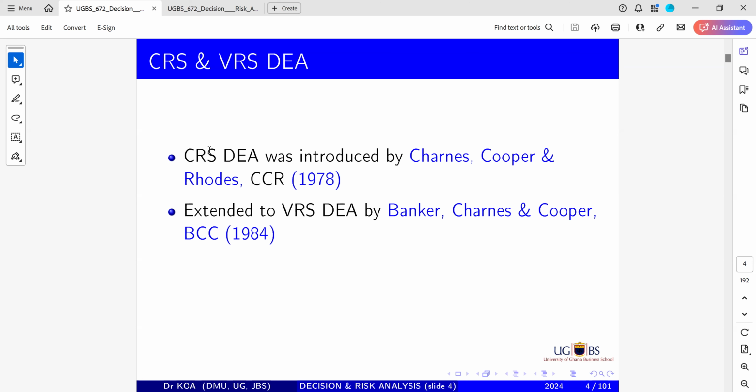For constant return to scale, we use an example whereby a company is involved in a business, and over a period, the returns are assumed to be the same in terms of profits.